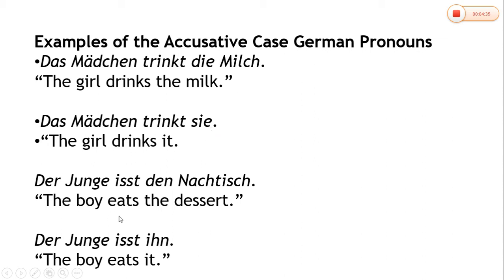The boy eats the dessert. Der Junge isst den Nachtisch. The boy eats it, so dessert is replaced by it, used as a direct object pronoun. Der Junge isst ihn.